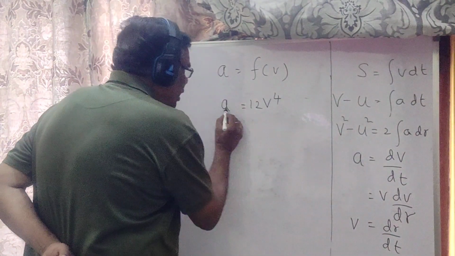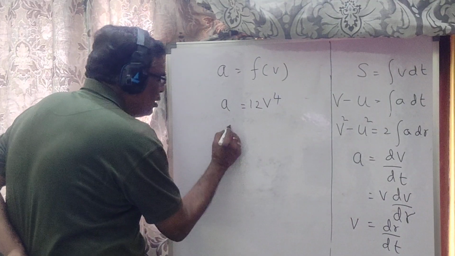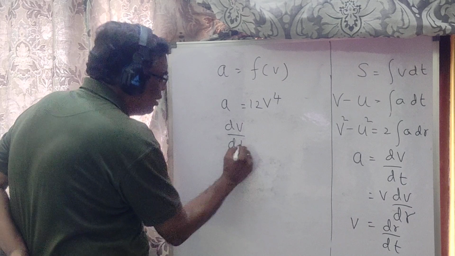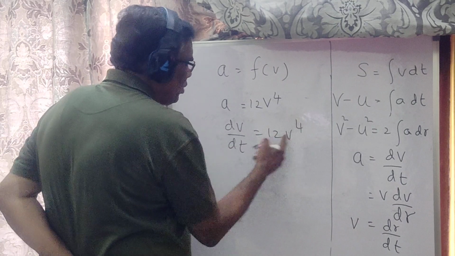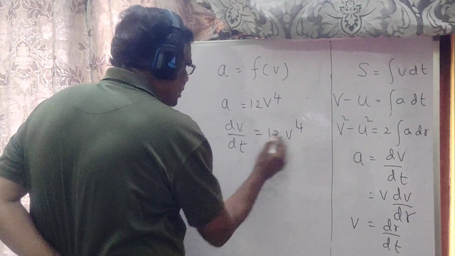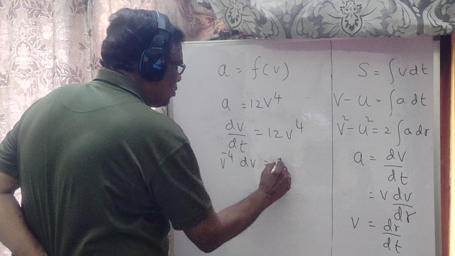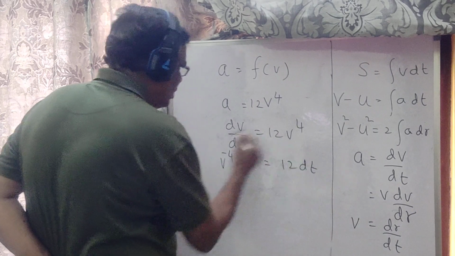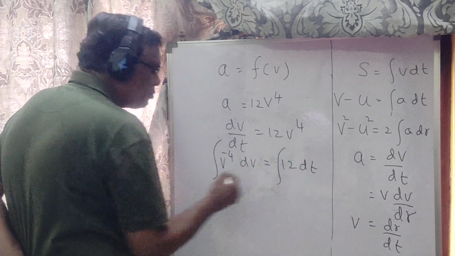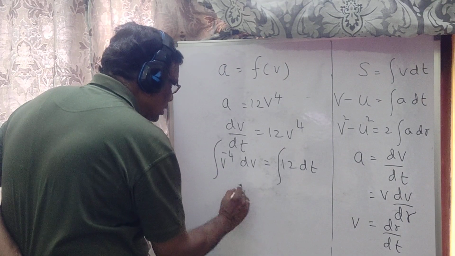When a is given as a function of velocity, I can use dv by dt. Well, if you want to get v as a function of time, use dv by dt and rewrite this expression. How do you write that? dv by v raised to 4 is equal to 12 dt. I have rearranged and integrated on both sides. What are you getting here?